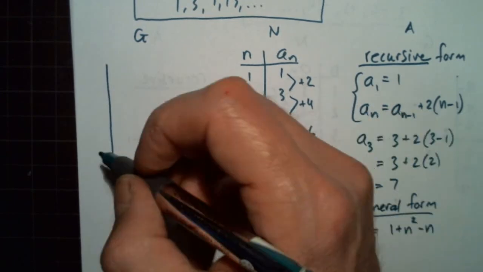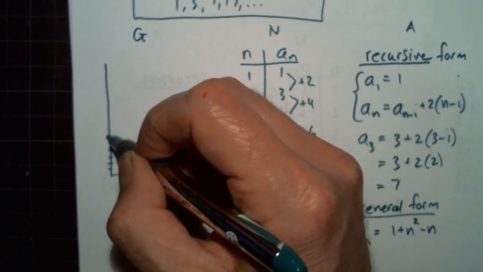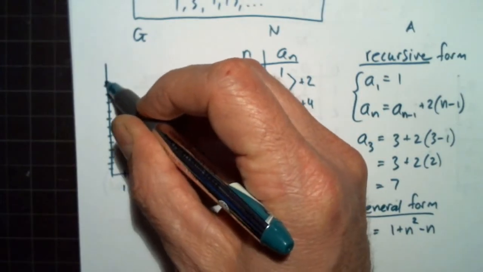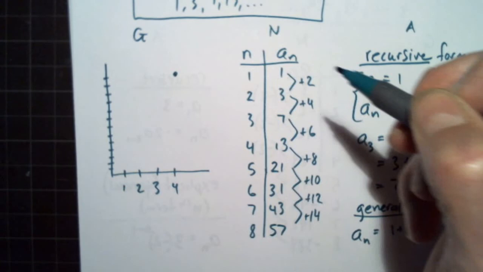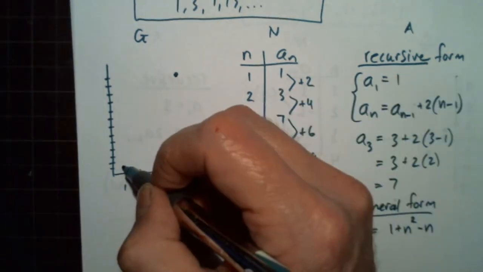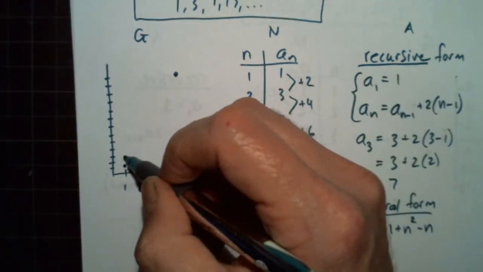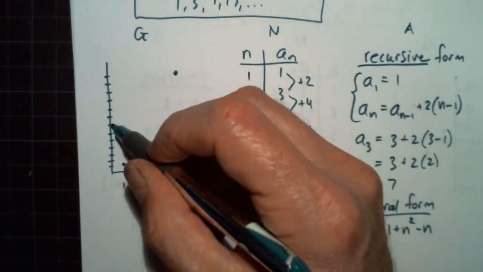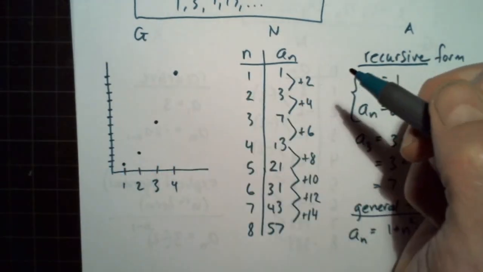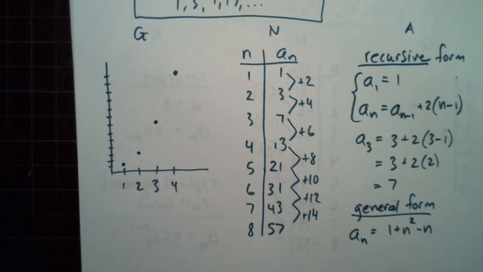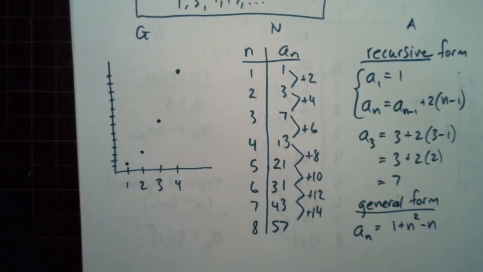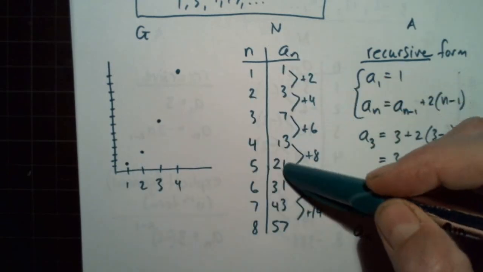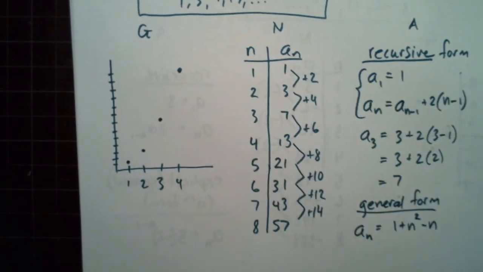And we have to go up to 13. So we see the progression of the sequence, and we would not connect the points because these are discrete numbers.